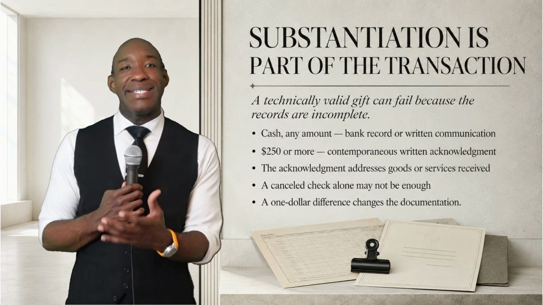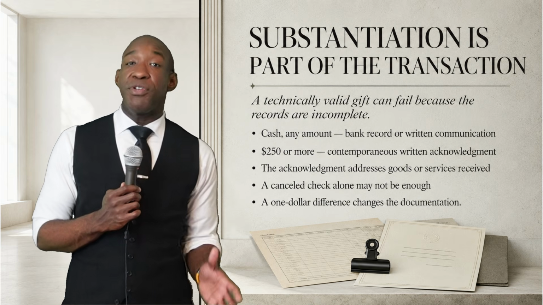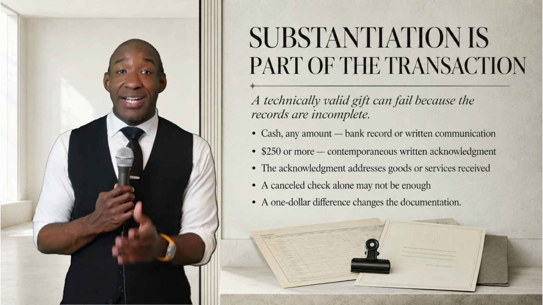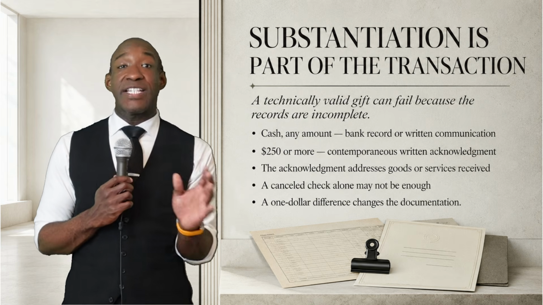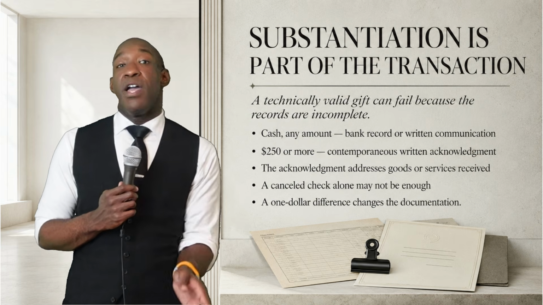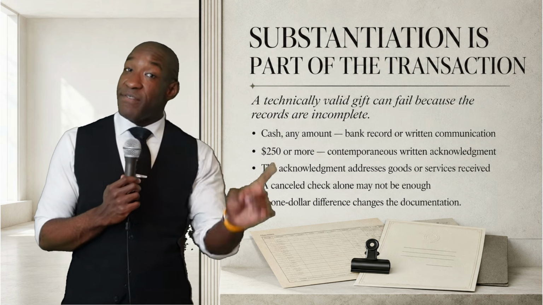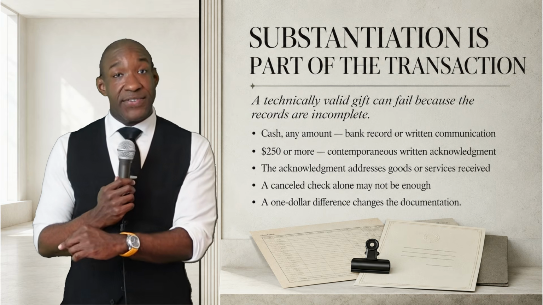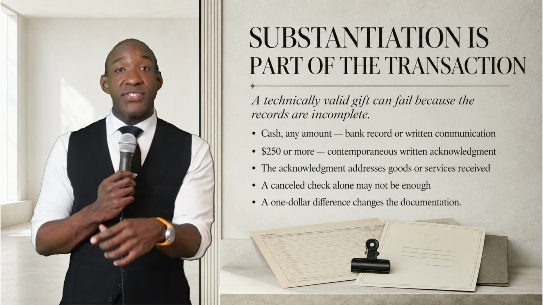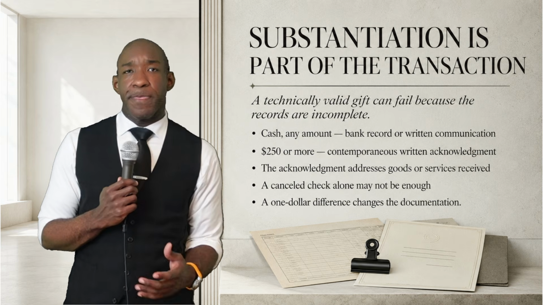The basic lesson is simple. For a contribution of $249, a bank record or qualifying written communication may satisfy the cash substantiation rule. For a contribution of $250, the contemporaneous written acknowledgment requirement applies. That $1 difference changes the documentation.